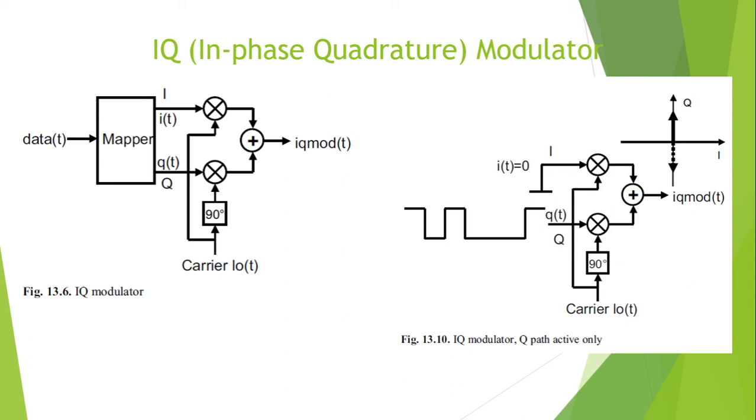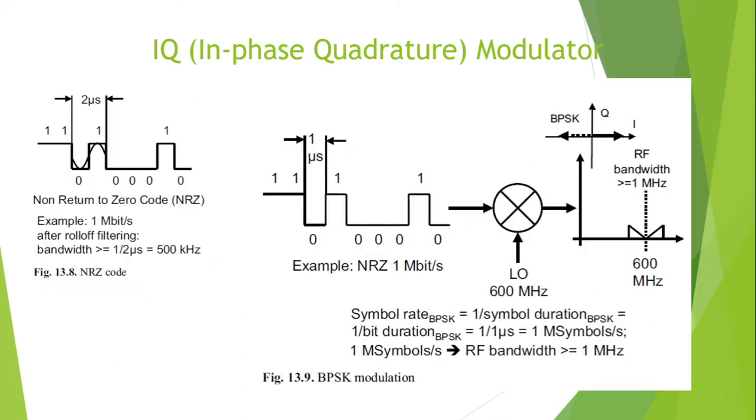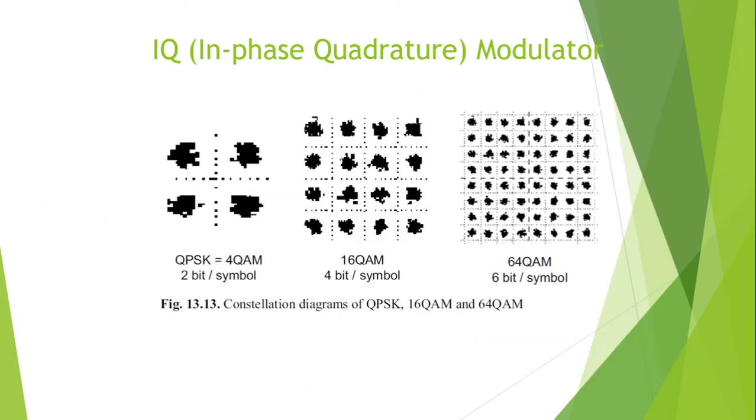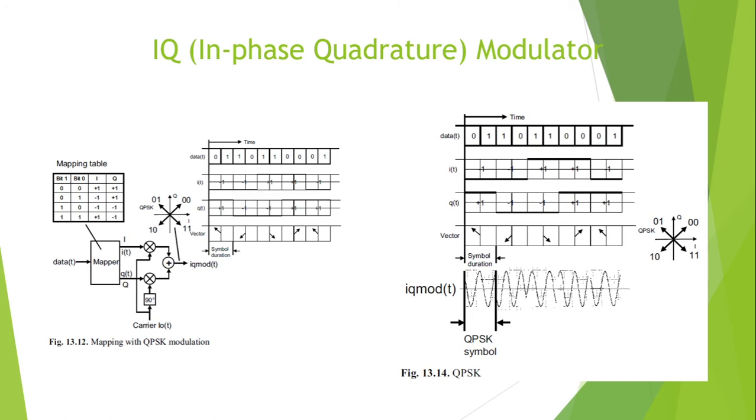Next, we want to vary both I of t and Q of t between plus 1 volt and minus 1 volt. In this case, you can refer to figure number 11. The modulation products of the I path and the Q path are added up.